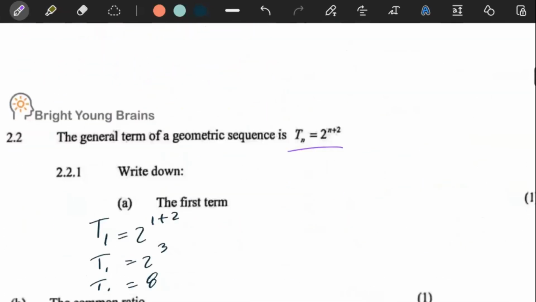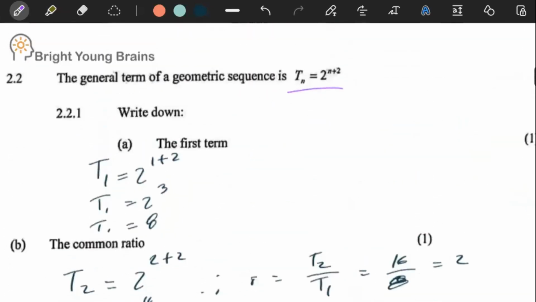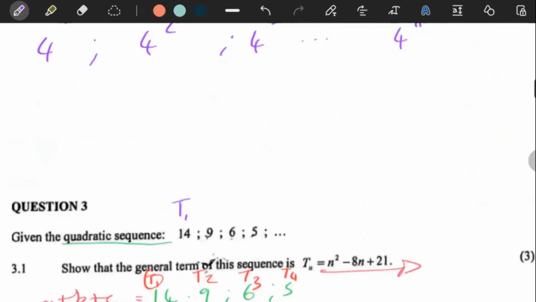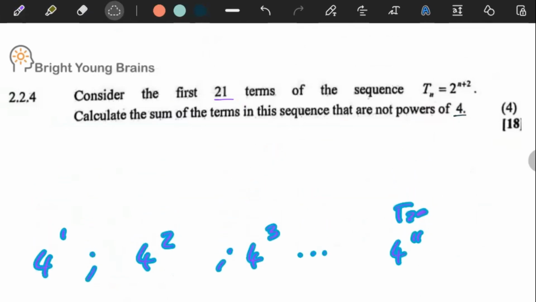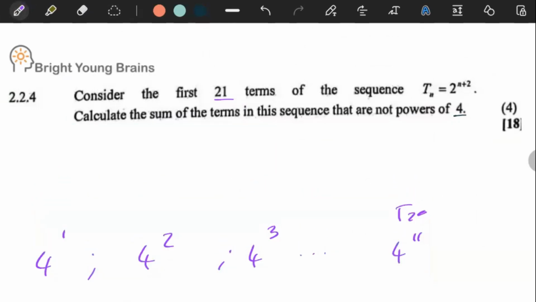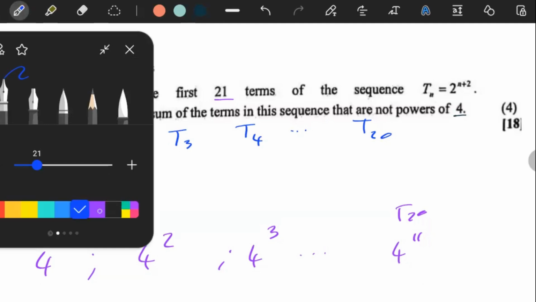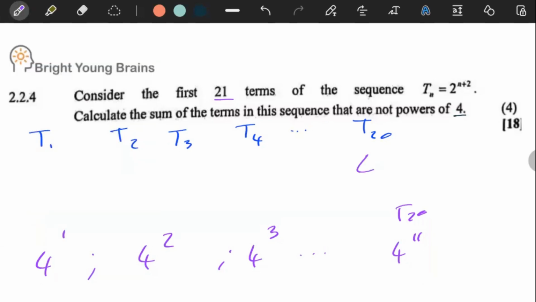Judging from our general term, T1, T2, T3, T4, going onwards, T20, we know it's definitely a power of 4 because it's 4 to the power of 11.